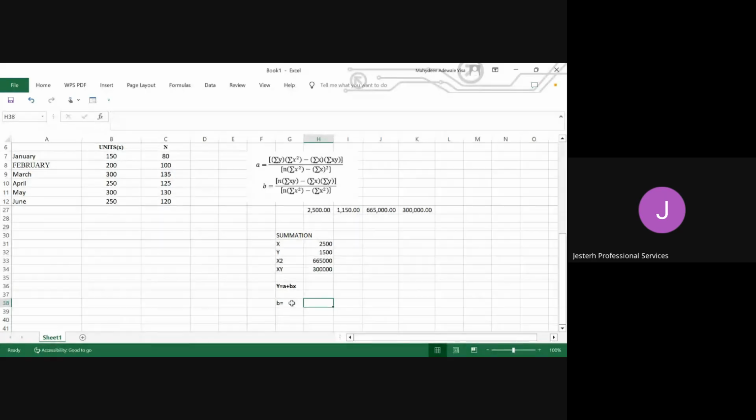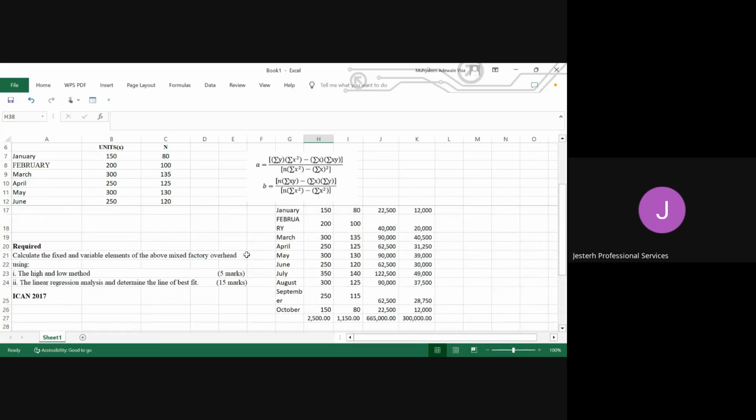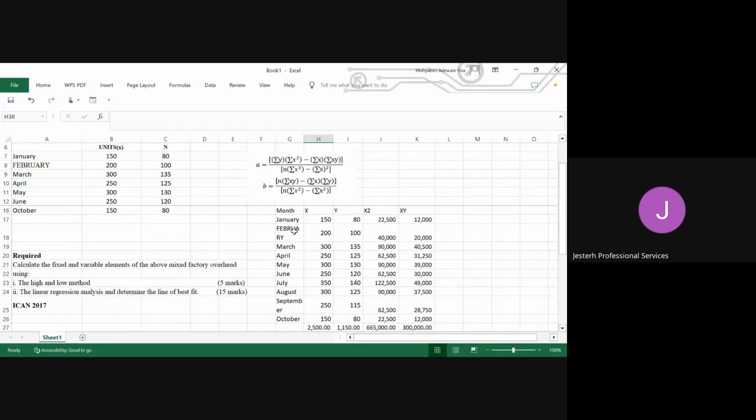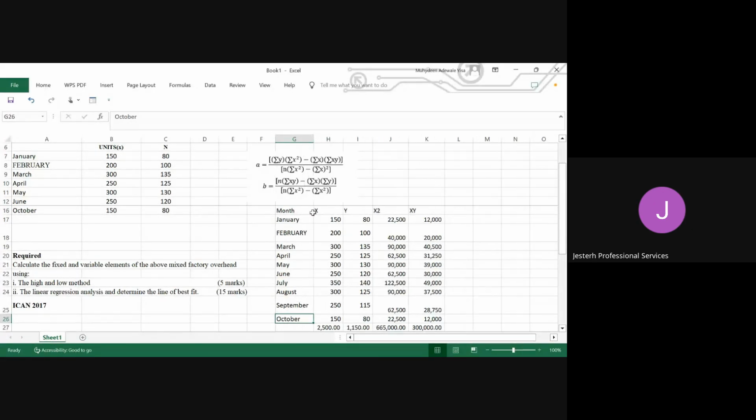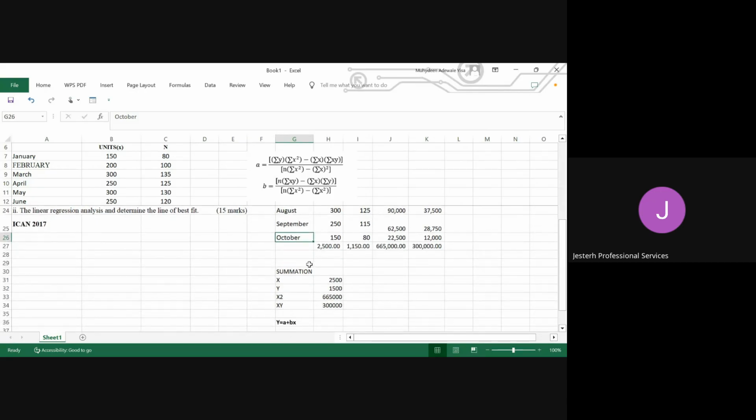Now, our N stands for the total number of months: January, February, March, April, May, June, July, August, September, and October. If you count it, it is 10 months. So our N stands for 10.